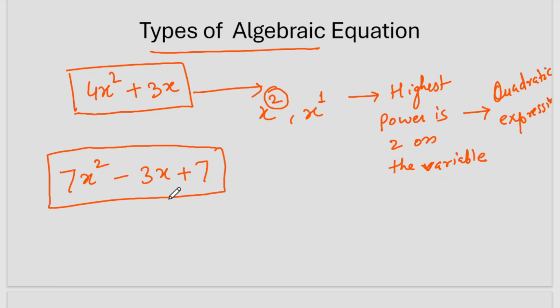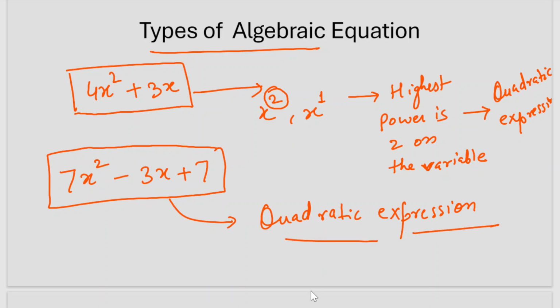You will say yes, it is a quadratic expression, because you can see the highest power is 2. So when we have the highest power as 2 on the variable, we can say that it is a quadratic expression. Okay, this is the second. Now the third one.